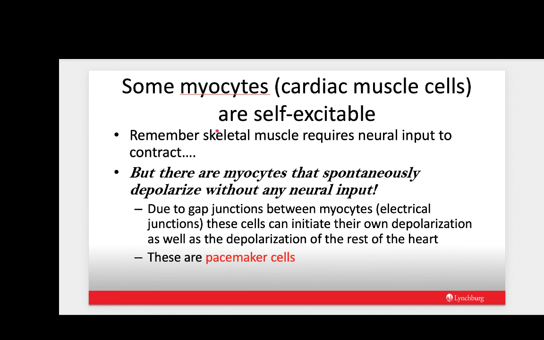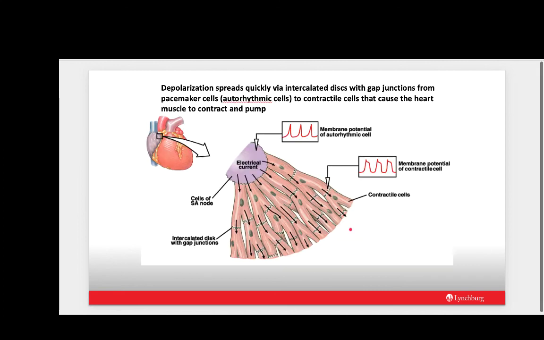Some myocytes are self-excitable, and these are the ones we call pacemaker cells. These myocytes spontaneously depolarize, and due to gap junctions between them, the pacemaker cells can not only initiate their own depolarization, but they can spread that depolarization through the rest of the heart.